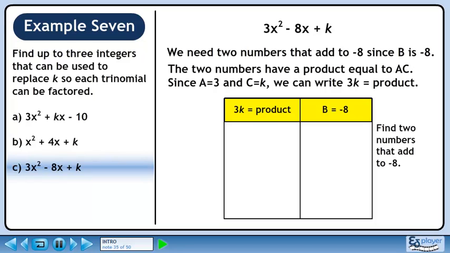First, we'll find two numbers that add to minus 8. Let's try 3 and minus 11 since they have a sum of minus 8. The product of 3 and minus 11 is minus 33. Divide both sides by 3 to get k by itself. Our first k value is minus 11.